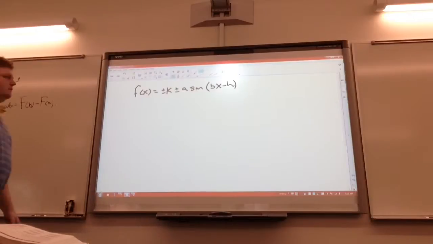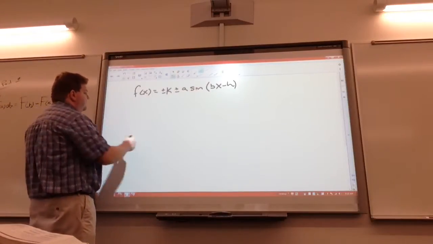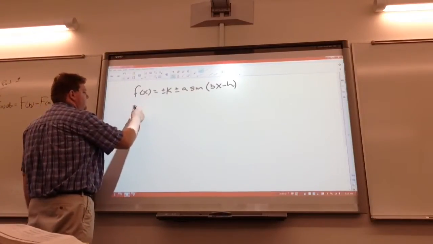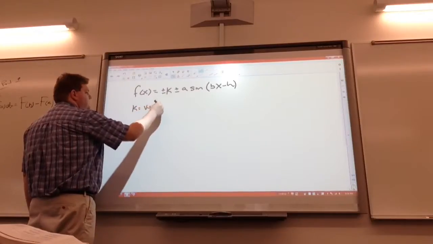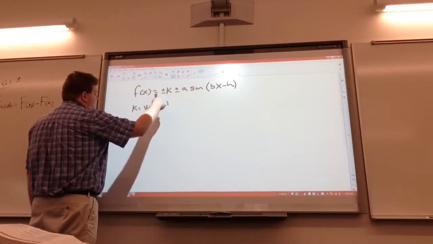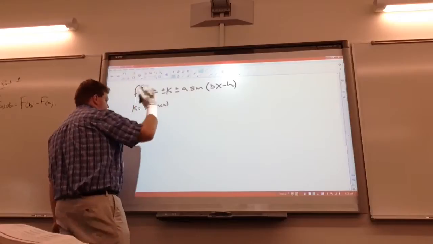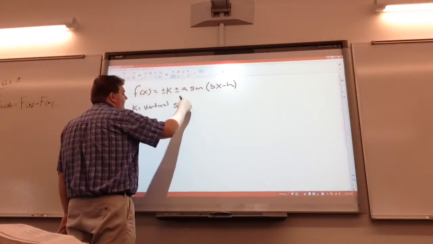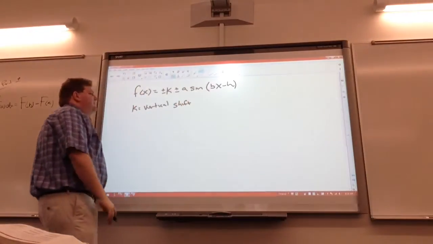K is the vertical shift. And I wrote k with a plus or minus in front. Just realize it's vertical shift. K is positive, go up. K is negative, go down.